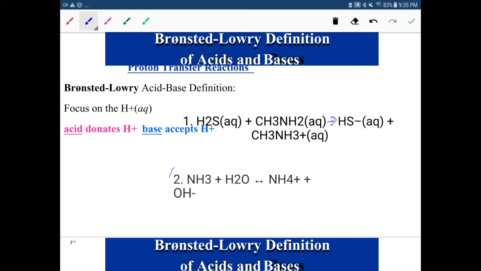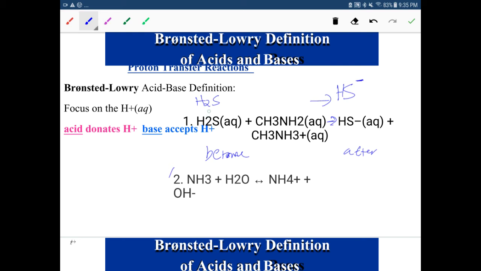All right, so again, here you have H2S. Let's look at the reactant, the before, and let's look at the after. Before, you have H2S. After the reaction happened, now it's HS minus.